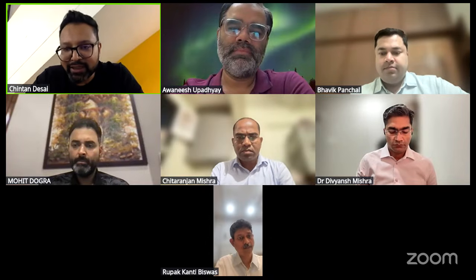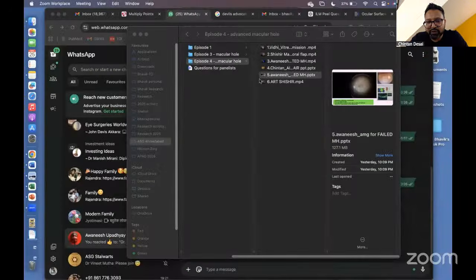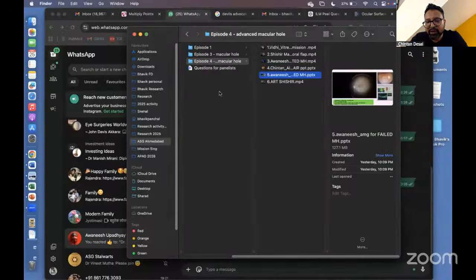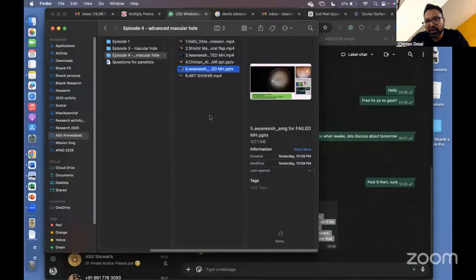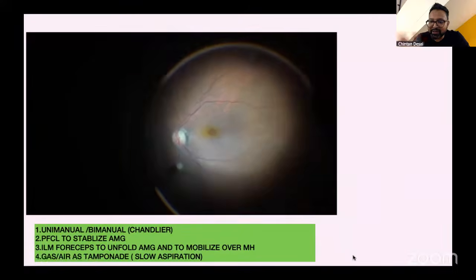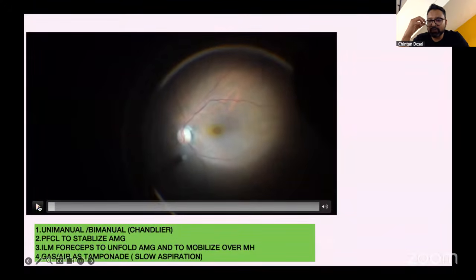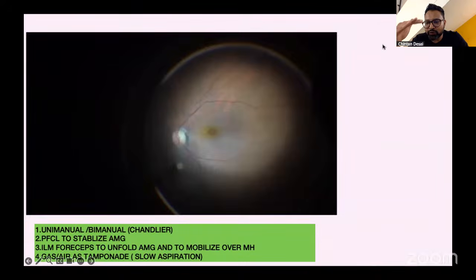So this technique, like I said, is not offering anything extra in terms of results or outcome. But what it does is three things. One, as in a lot of the videos you saw till now, the flaps were a little larger, and most of the time when you make such large flaps and don't trim them and put them over the hole, you would see the ILM over the hole for months even after closure.